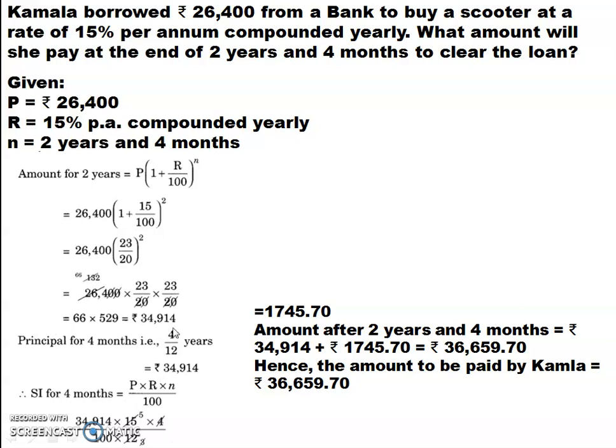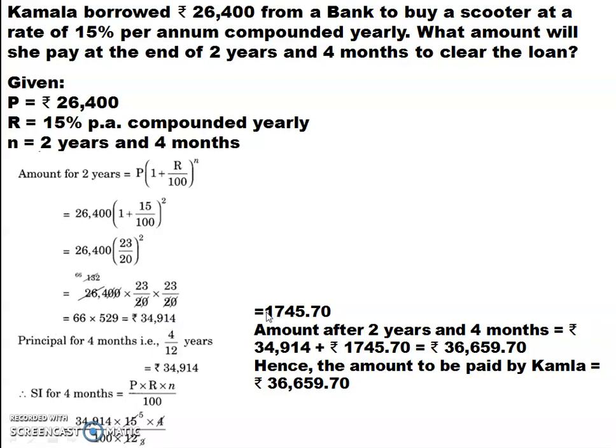So, 34,914 into 15 into 4 by 12 by 100. So, you will get the answer as 1745.70.